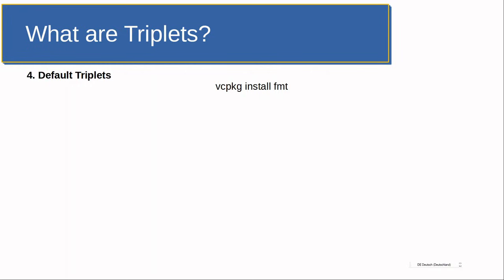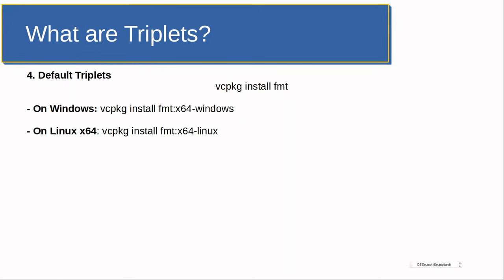If you try this command line on a typical Windows system, such as Windows 11 x64, it is equivalent to vcpkg install fmt:x64-windows. And if it's on Linux x64, then it is equivalent to vcpkg install fmt:x64-linux. So the default triplet depends on your operating system and the compiler configuration.